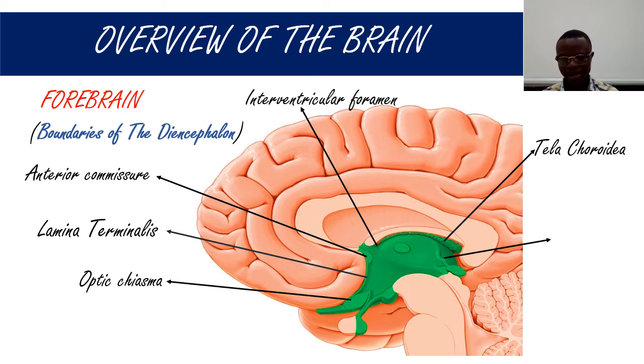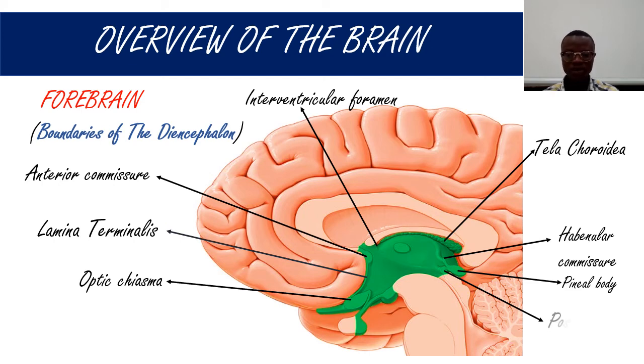Below here is the habenular commissure. The habenular commissure is also the posterior margin of the brain, and just beneath the habenular commissure we have the pineal body that is located here, and inferior to the pineal body we have the posterior commissure, and most inferiorly we have the mammillary body.